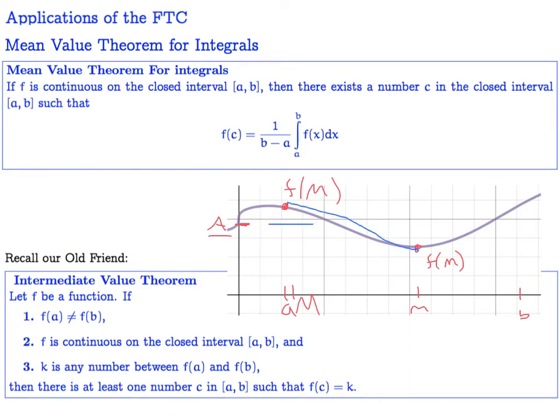So this means that it does have to achieve its average value, because the average value is between the min and the max, so somewhere in between we have to actually hit that value. I understand this is a little wishy-washy, but that's the basic idea. The average is in between the min and max, so it has to hit it at some point. Once again though, this only works for continuous functions.